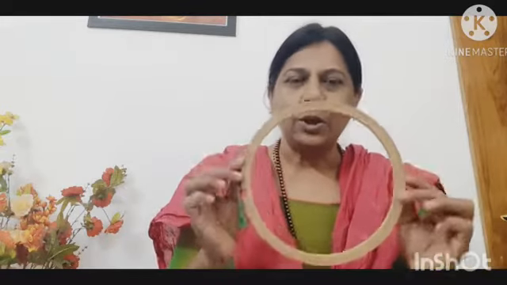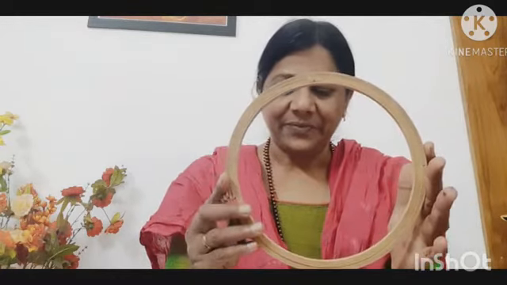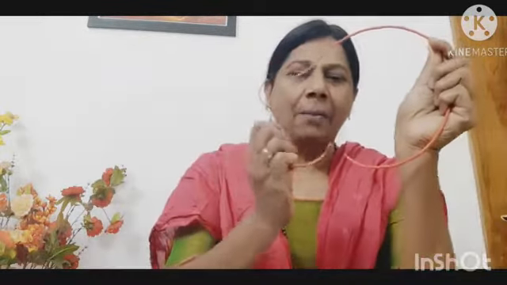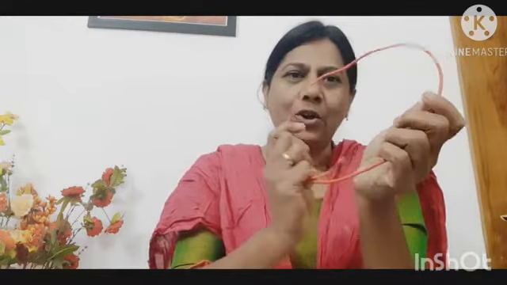is the magnetic field due to a current through a circular loop. So a loop looks like this. Now a straight conductor is bent in the form of a circular loop.